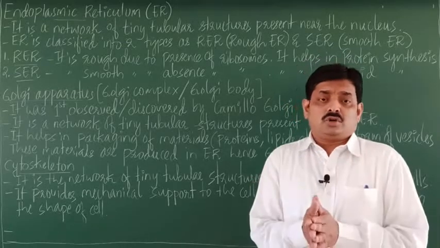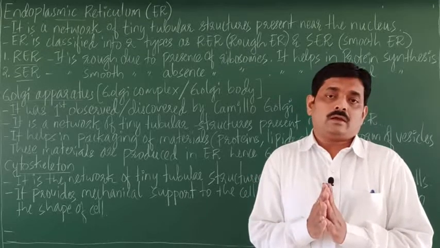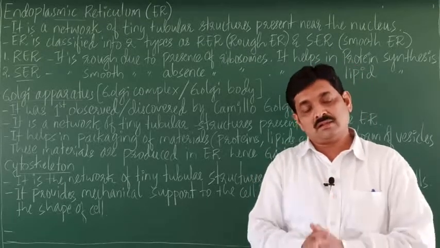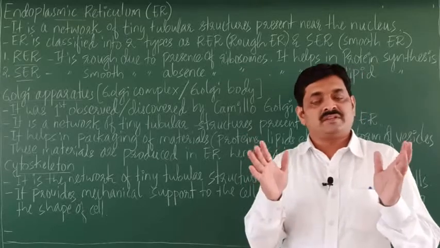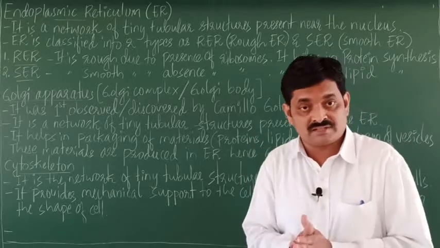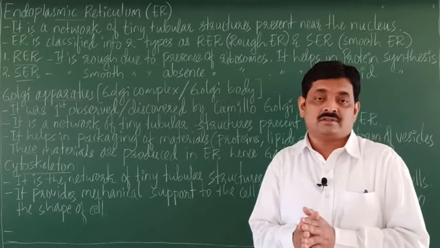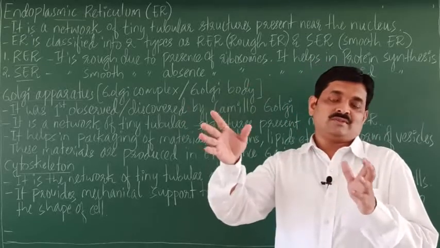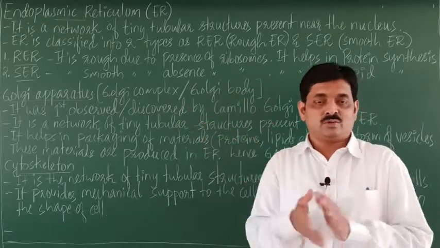What is the location of Golgi apparatus in the cell? No doubt it is present in the cytoplasm. But in the cytoplasm, where do you find this Golgi apparatus? Just see those plant cells and animal cells, and you will come to know the location.